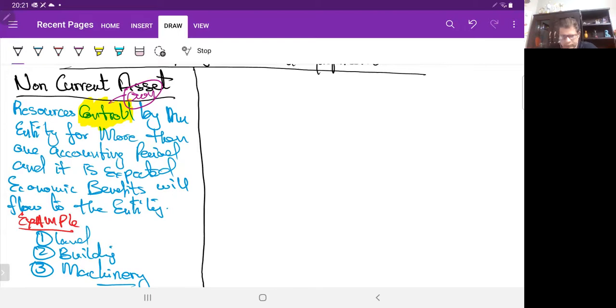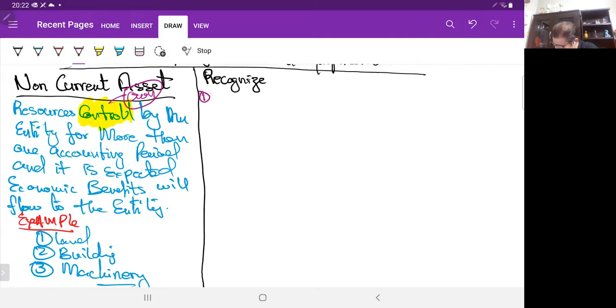Now, when to recognize the non-current assets or property, plant, and equipment? According to the standard, we need to fulfill two conditions.